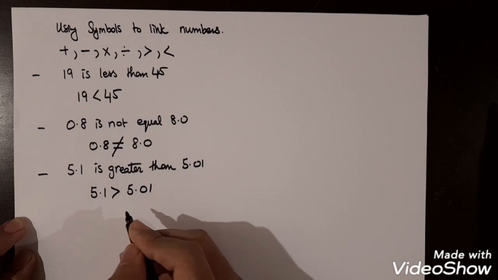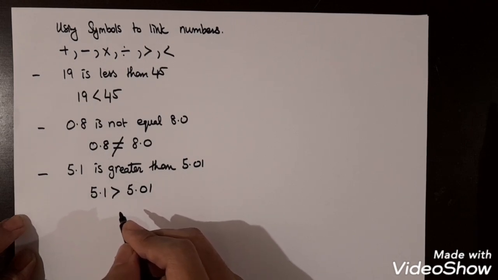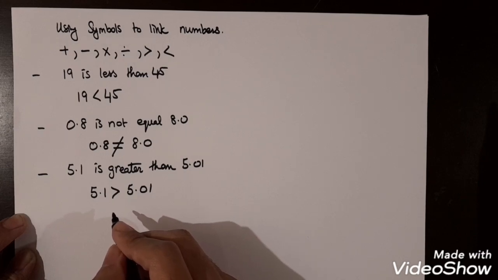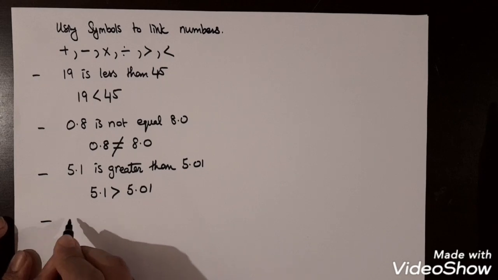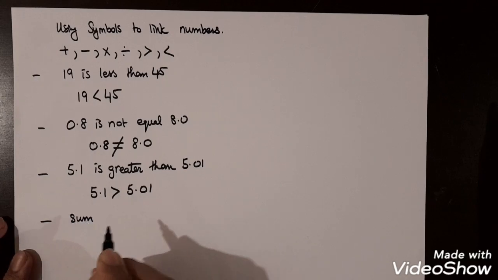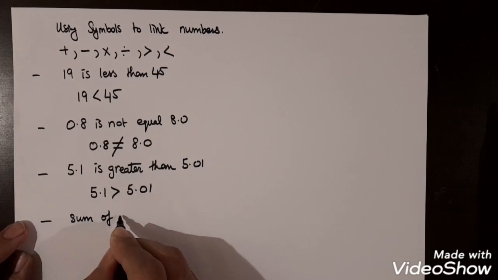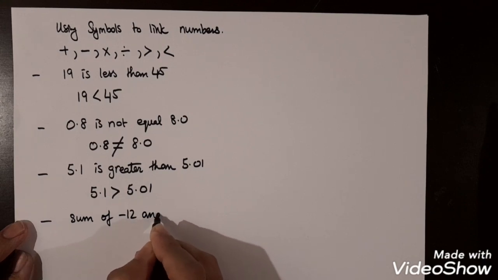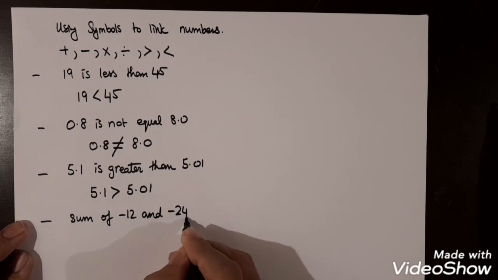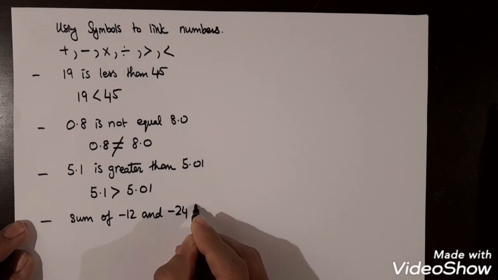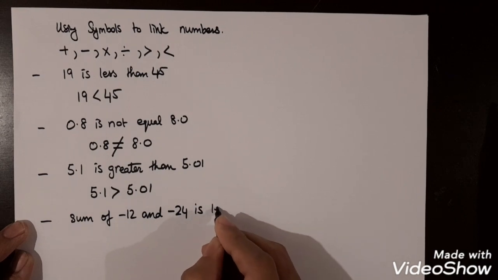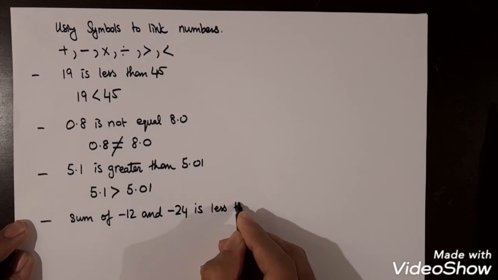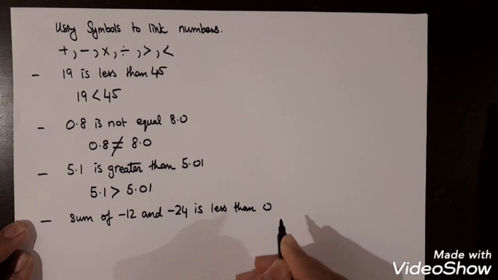And the last will be the sum of -12 and -24 is less than 0.